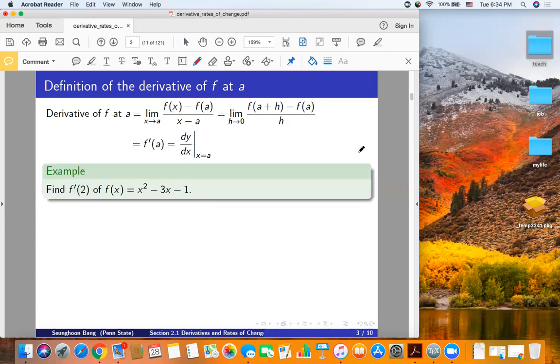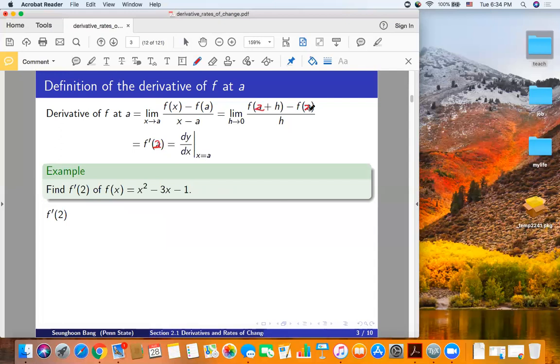I'm going to give one example. You can calculate f prime of 2 for f of x equals x squared minus 3x minus 1. So here, how can you calculate? We use this rule. We can just plug 2 into a.